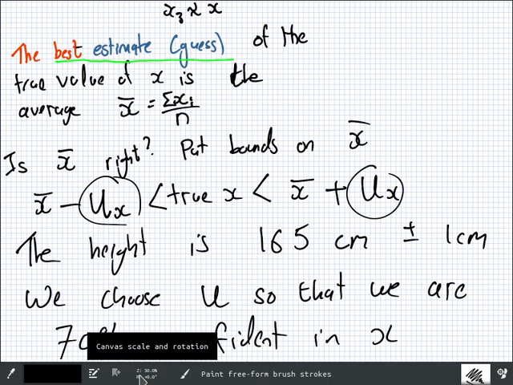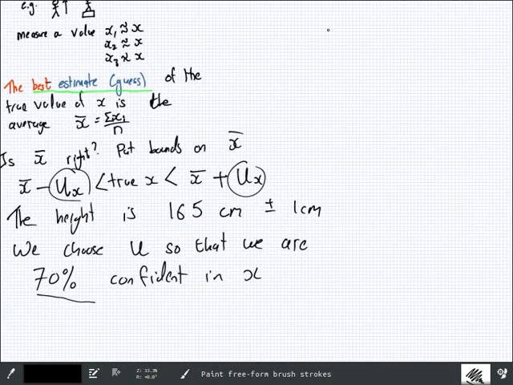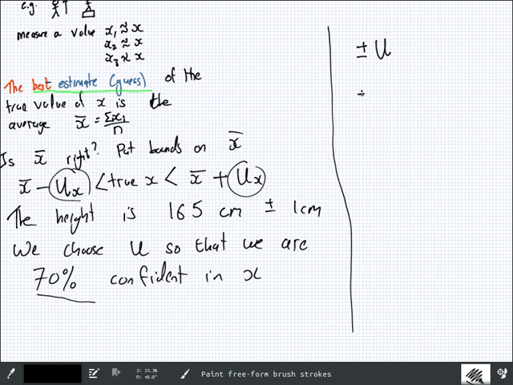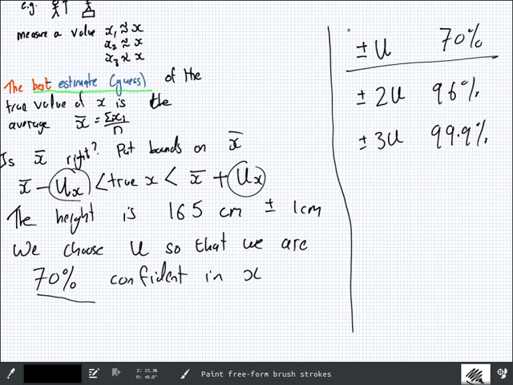At university, you might use a different level, okay? We use plus or minus u. At university, you might use plus or minus 2u, or plus or minus 3u. If you use plus or minus u, you're 70% confident. Plus or minus 2u, I think that's 96% confident, and 3u is like 99.9% confident. So we just use this level.